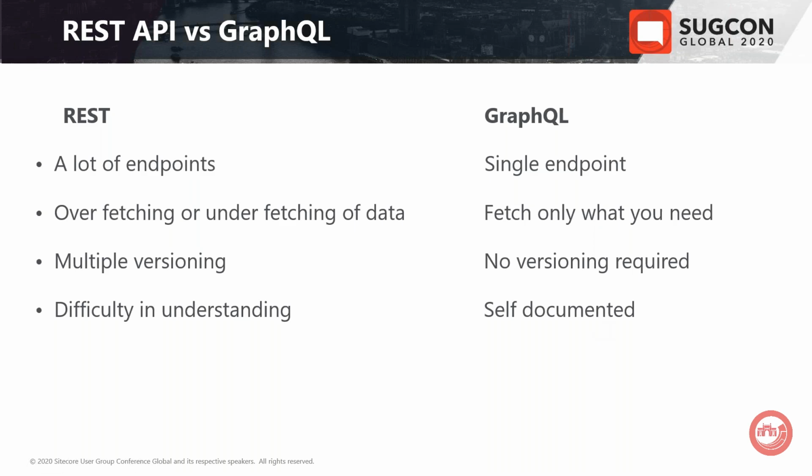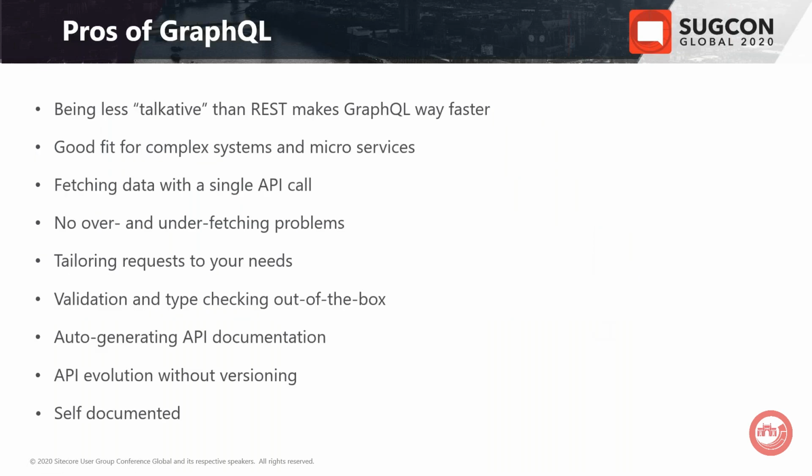So, quickly move on. And pros: being less talkative, that means we can issue multiple queries against one request. Good fit for complex systems where you have multiple systems to talk to.